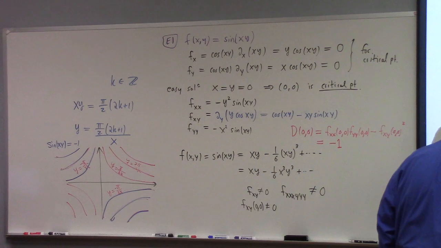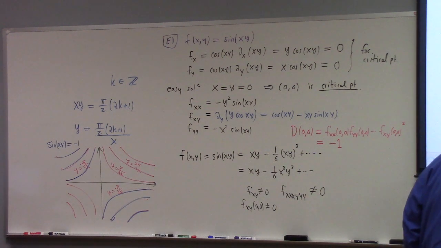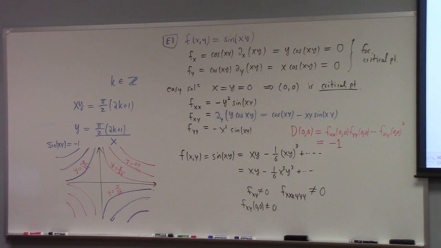So f of x, y, z would be f of x naught, y naught, z naught plus f sub x of p naught times x minus x naught plus f sub y of p naught times y minus y naught plus f sub z of p naught times z minus z naught plus 1/2 fxx of p naught times x minus x naught squared plus 1/2 fyy of p naught times y minus y naught squared plus 1/2 fzz of p naught times z minus z naught squared, plus fxy of p naught times x minus x naught times y minus y naught, plus fxz of p naught, and so on.